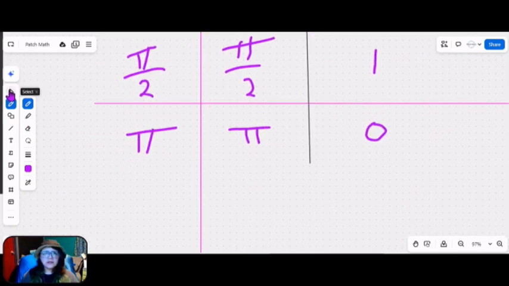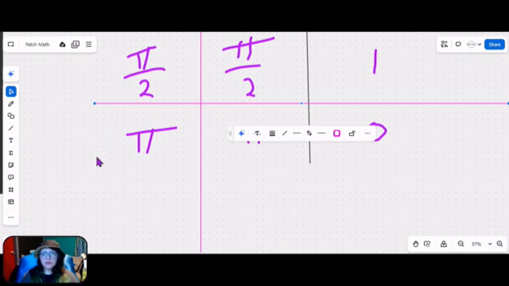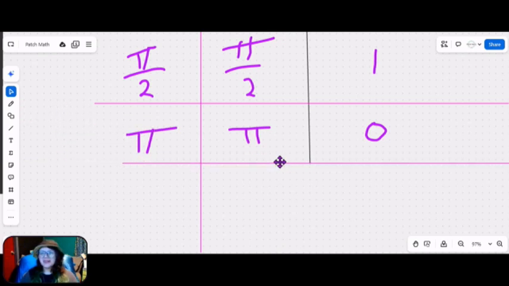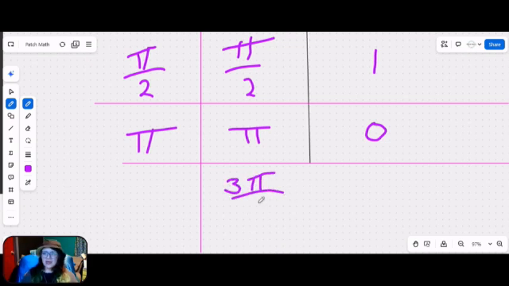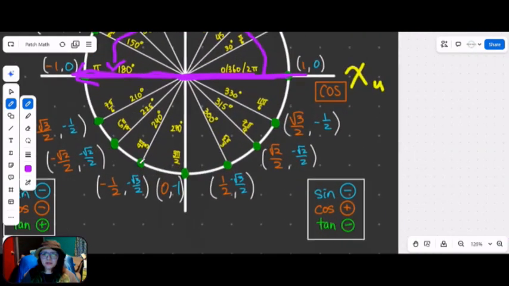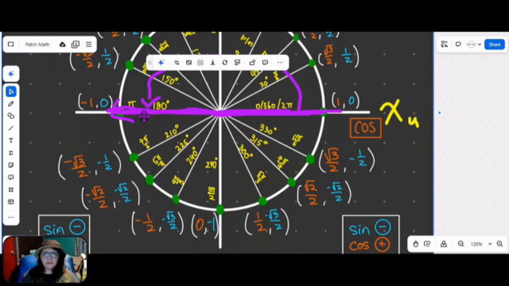Going to do another. Let's say we do 3 pi over 2. Adding another pi over 2. Well, that means our theta is 3 pi over 2 because theta and x happen to be the same thing here. 3 pi over 2. We're going to go ahead and open that.